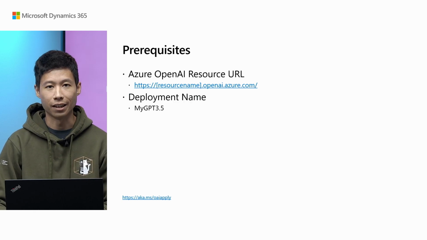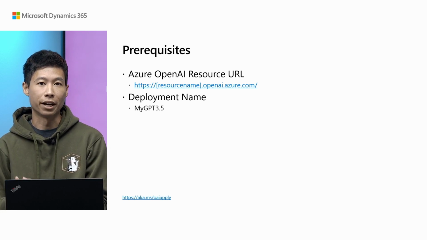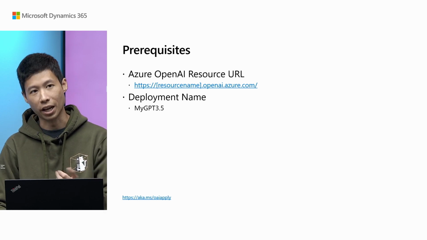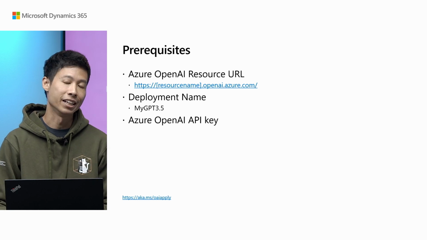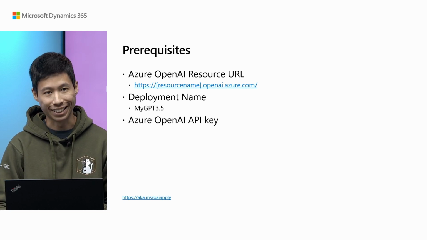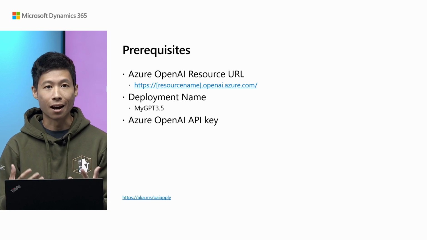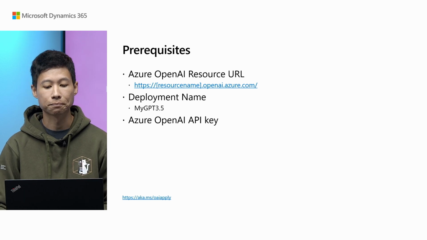Then you have a deployment name, which will symbolize the model that you're actually using. In this case, I have it called MyGPT 3.5. You would have a different name for yours. And finally, you would have the Azure OpenAI API key. And I have a link at the bottom where you can go and apply to get access to the Azure OpenAI service.